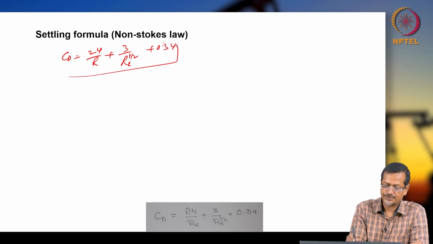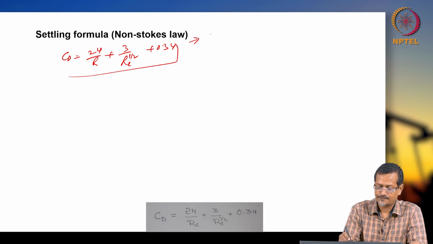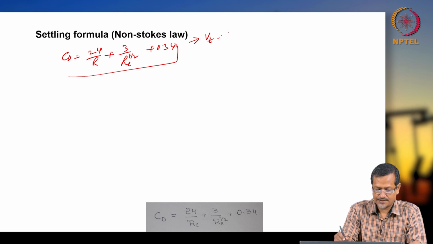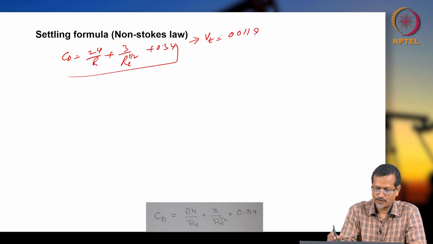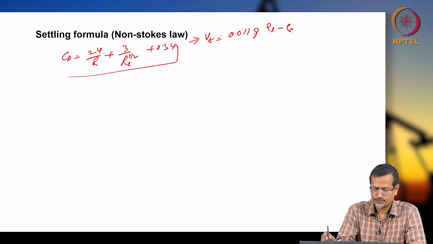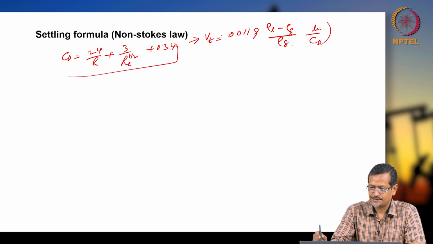Okay, the CD value is changed. Now terminal velocity also got changed. Vt equals 0.119 rho L minus rho G, dm by CD.